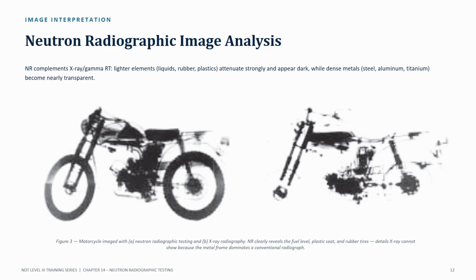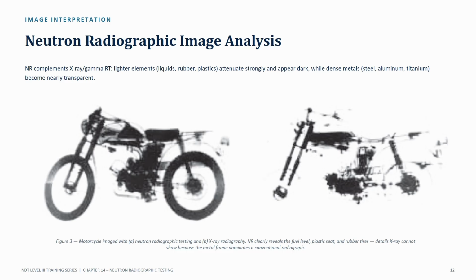Before we move to the next slide, I'd like you to remember one simple principle. A good technician can read a radiograph. An experienced Level 3 inspector understands why the image looks the way it does and knows which inspection method will provide the information needed. That ability to select and correctly interpret the appropriate NDT method is one of the defining responsibilities of a Level 3 professional.